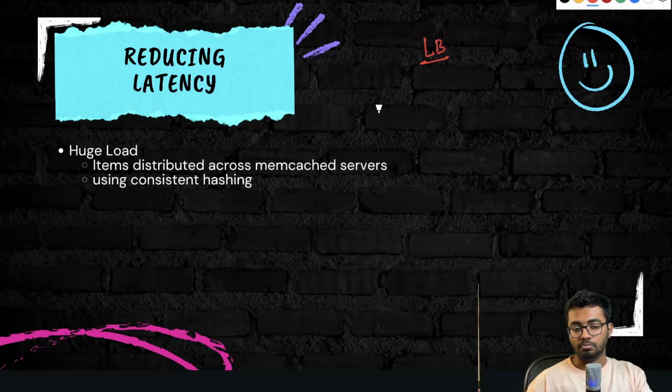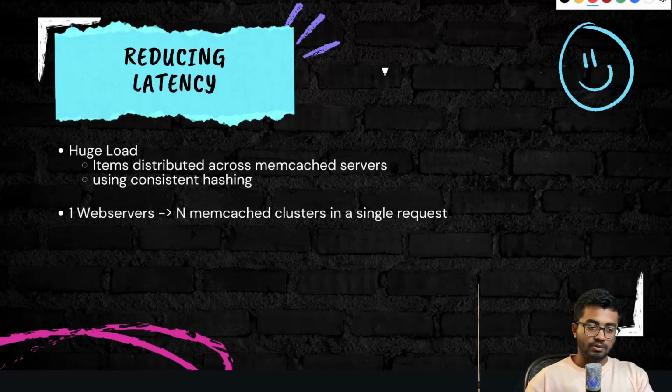So I'll not go into much detail of what exactly load balancing is, or what consistent hashing is. I will attach some resources in the description if you are not comfortable with the topic, but just think of it as an abstract topic for now, that there is a way I can get to the right server given the key, and that is done with the help of consistent hashing. So consistent hashing is a way to reach a server when we have multiple servers, depending on the requirement. Awesome.